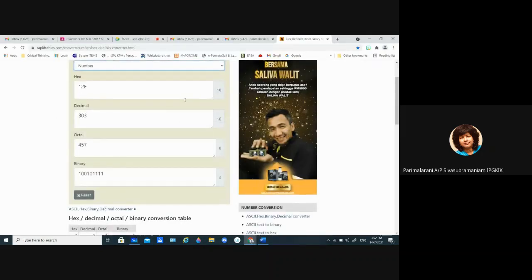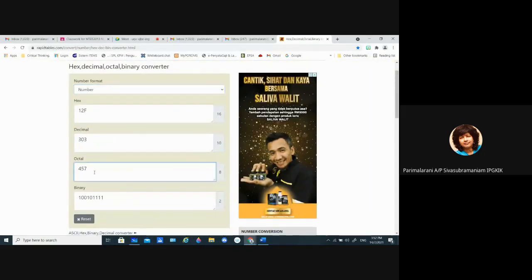The first number that I want to change is 4. So what is 4 in binary? We know that 4 in binary is 100, correct? I'm just using a calculator here, but of course you can refer to your table also.